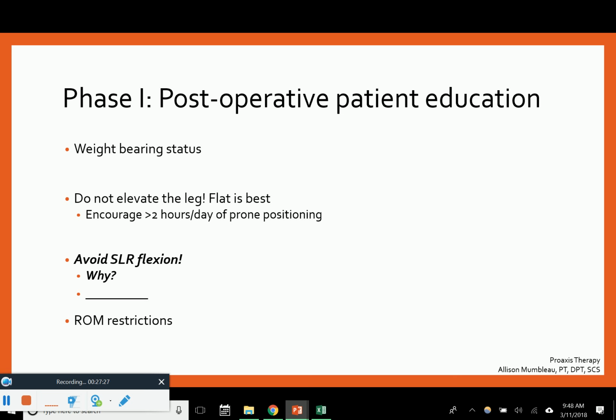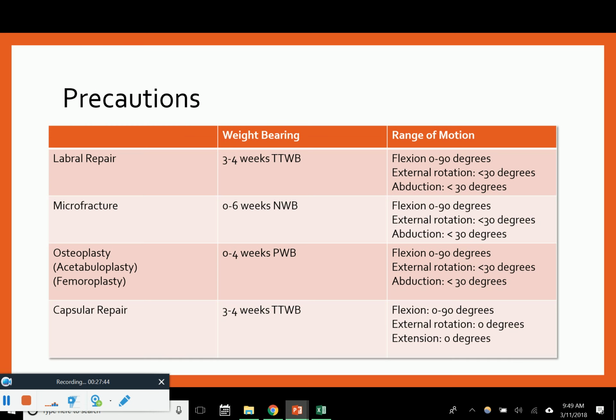This is to prevent hip flexor tightness if they're sitting all day. You're going to avoid straight leg raise into flexion. That's important. Why do you think that is? I'm going to let you figure that one out in class. And then, of course, you want to tell them about their range of motion restrictions. The precautions, as you can see here, this is a great slide. Labral repair, weight bearing, 3 to 4 weeks, toe touch weight bearing.